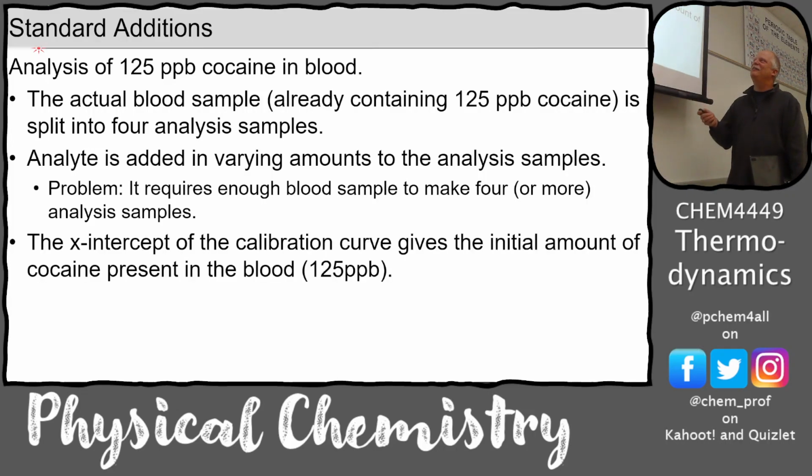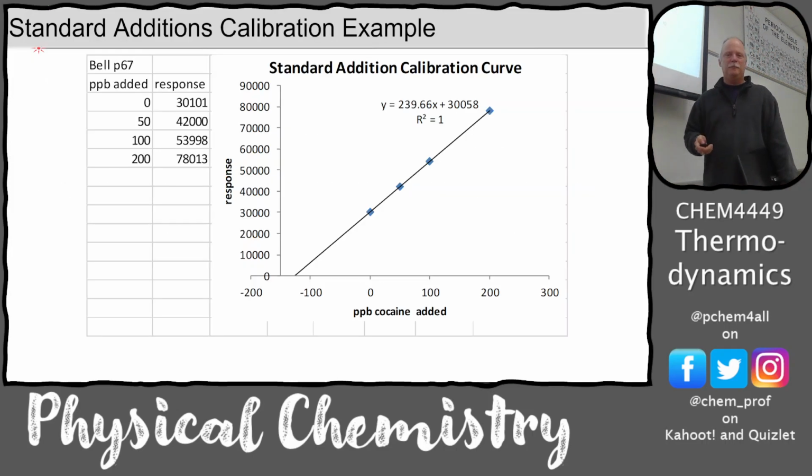So the x-intercept of the calibration curve gives the initial amount of cocaine that's present in the blood. So this is the calibration curve. Look how strange it looks. Our lowest data point, which we added 0 parts per billion of cocaine, is off the floor, right? And that means there was already cocaine in it. We didn't add any. There was already some there. And how do we know how much cocaine got it up this high?